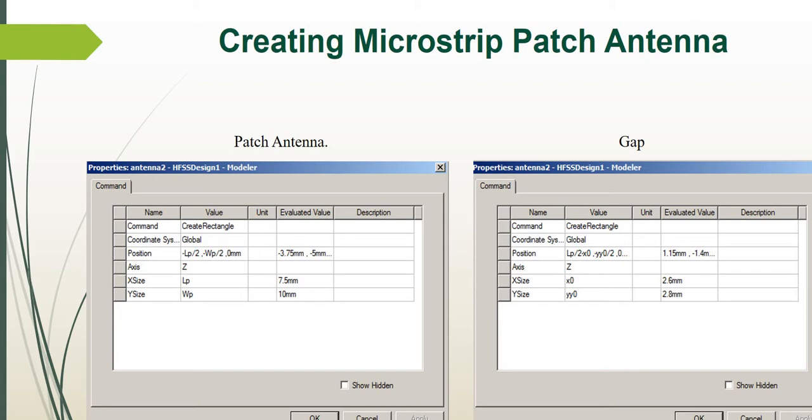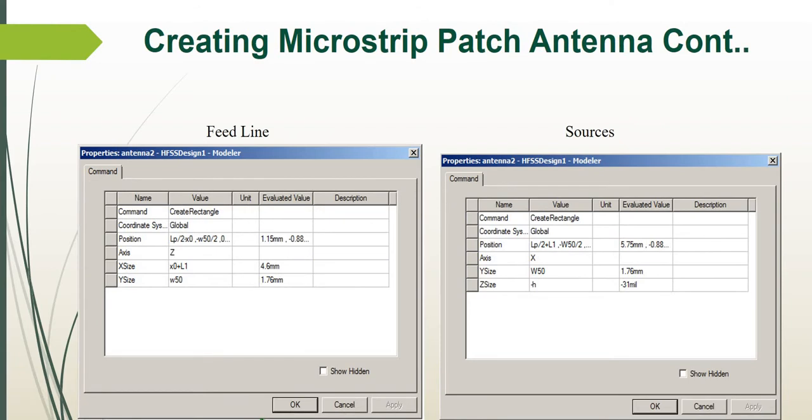The value of the gap is 2.6 and 2.8 millimeters, x and y respectively. The reason for the gap on the patch antenna is so we can feed the transmission line to the antenna. So here is the transmission feed line for the antenna.